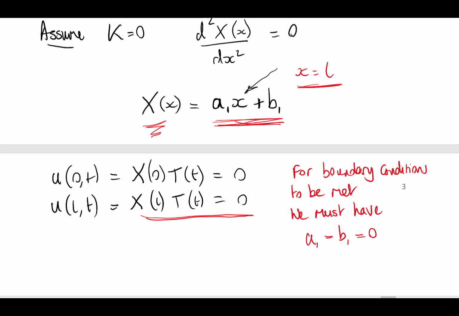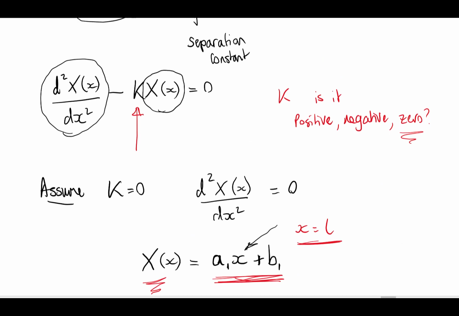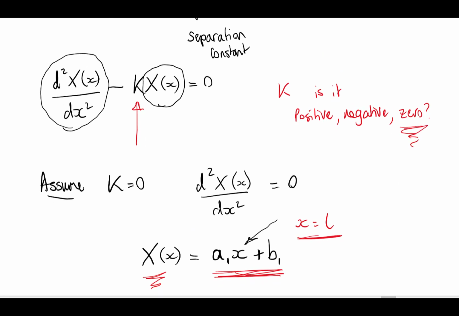We call this the trivial solution, and really what we need to do is just throw it away. But we recognize that it exists, and then we throw it out. So that was the situation where k was equal to 0.